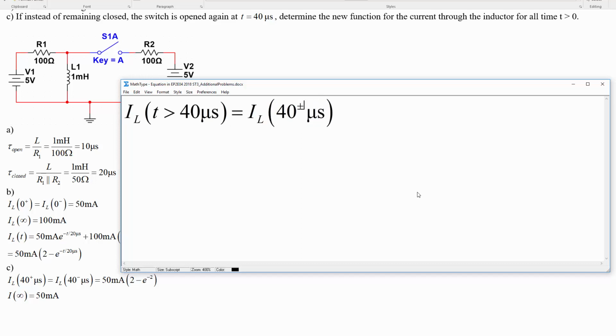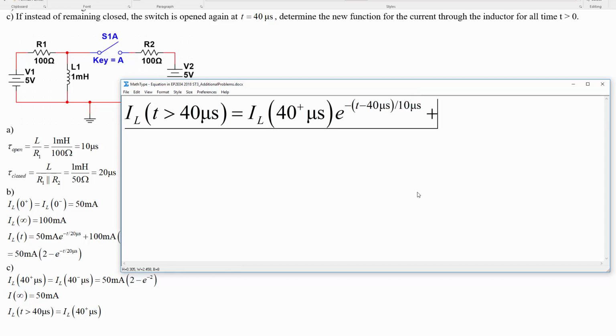So that's the 40 plus microseconds we just found, times a time constant that's going to be decaying away, e to the negative, except here we have to make something that's going to start at a 1 at 40 microseconds. So we're going to say t minus 40 microseconds divided by the new time constant, which is 10 microseconds.